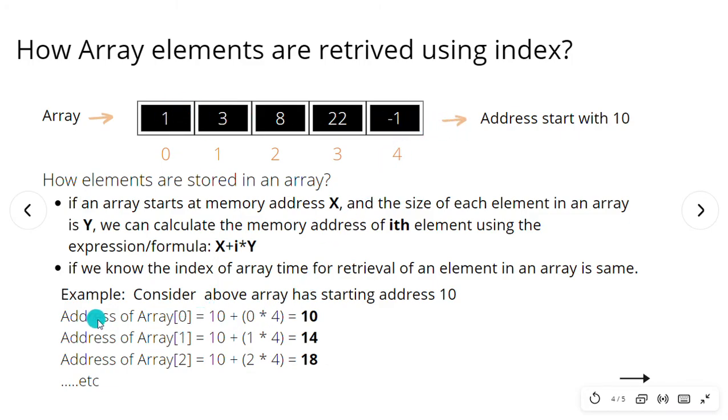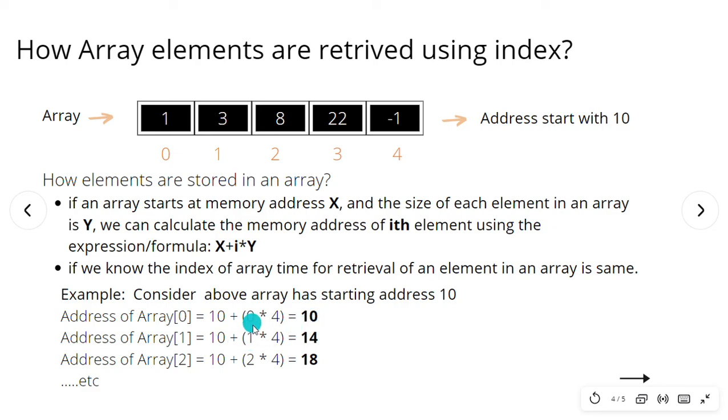Consider how the addresses of an array are calculated, using the expression X plus I into Y. Consider bogus memory addresses: X is 10, then 0 into 4, that is the 0th index, and 4 is the size of each element, 4 bytes because it is an integer. So the first address will be 10.